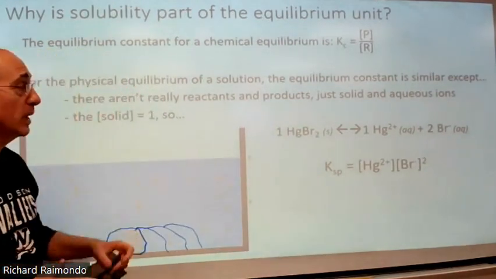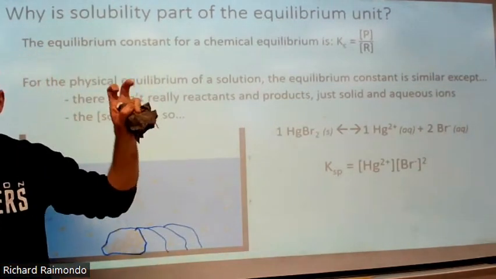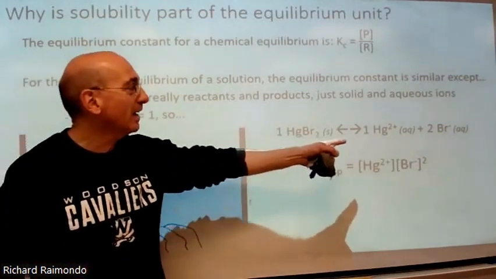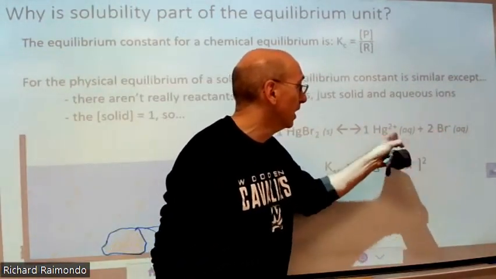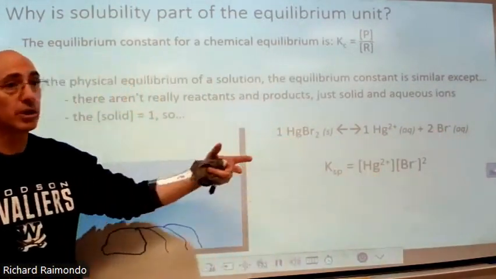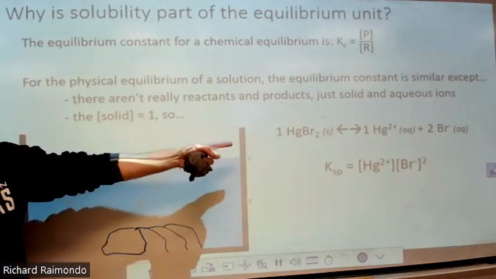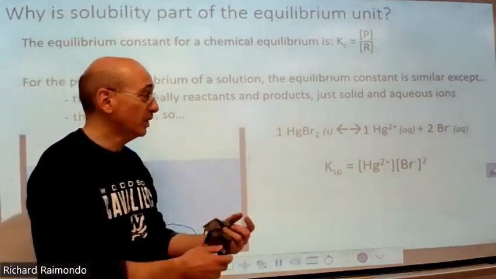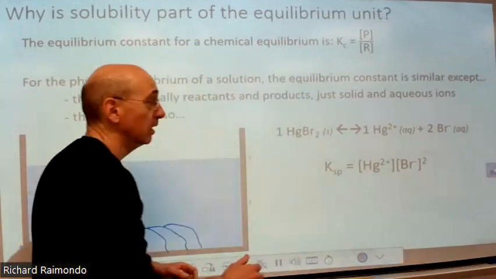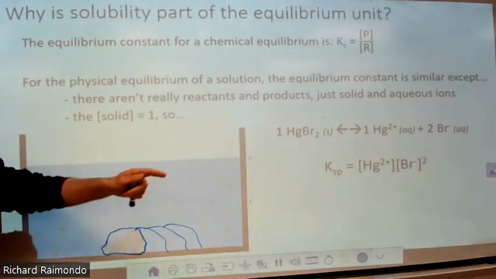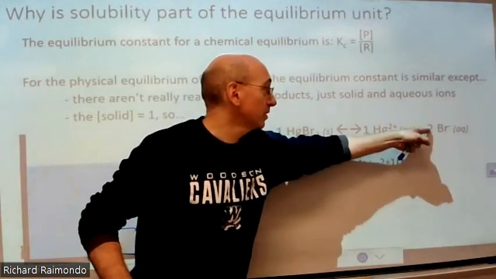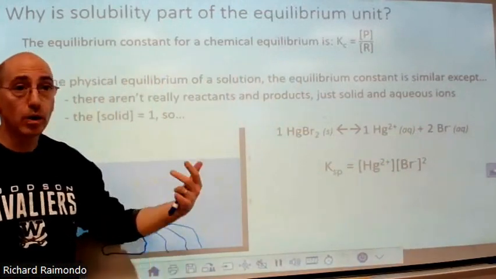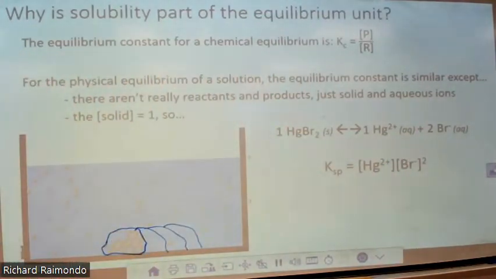KSP is the concentration of the quote unquote products, which in this case are the ions that came out into solution, over the concentration of the reactant, but the reactant's a solid. So really there's just over one. So we do the same thing. We take the coefficients, we put them in as exponents, and that's what we call our KSP. SP, as I mentioned earlier, stands for solubility product.